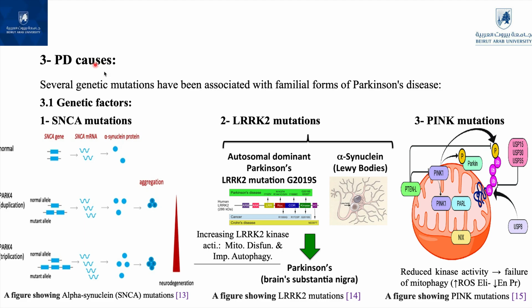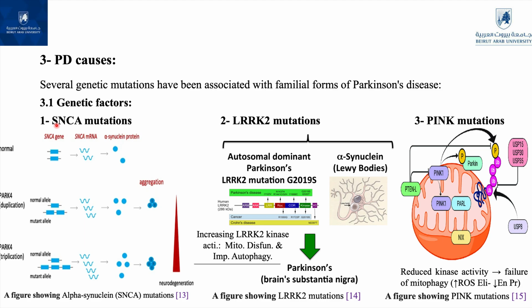Now, regarding the Parkinson's disease causes, the causes of Parkinson's disease can vary from genetic factors to environmental factors and also to bacterial or viral factors. Regarding the genetic factors, we can discuss three mutations that are essential or leading to Parkinson's disease.